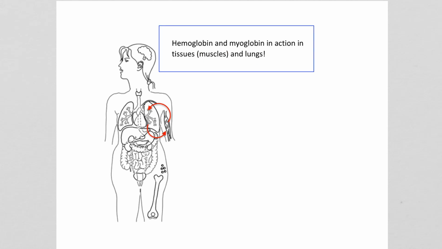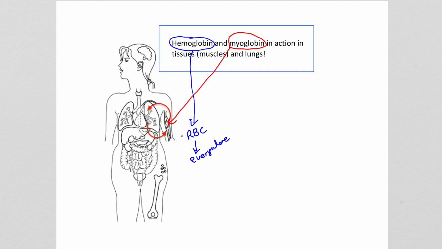As we discussed before, the protein myoglobin is found in muscles, skeletal muscles as well as cardiac muscles, while the protein hemoglobin is found in red blood cells, which means it is found everywhere in the body, since red blood cells travel through blood vessels throughout the body.